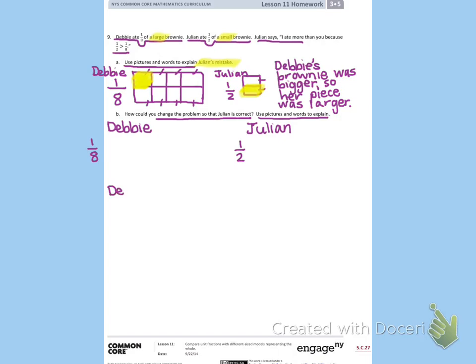Debbie and Julian both had a blank brownie. Let's go ahead and put the word A here. A blank brownie. On the blank, you're going to put large or small.